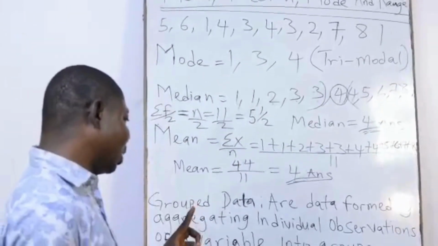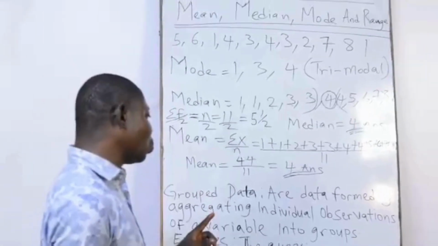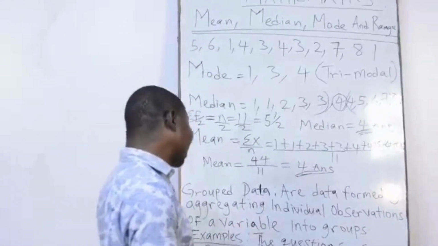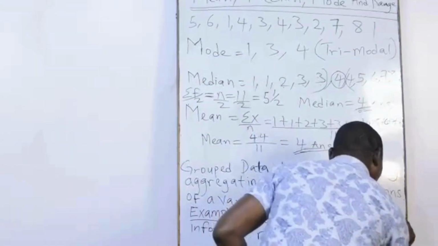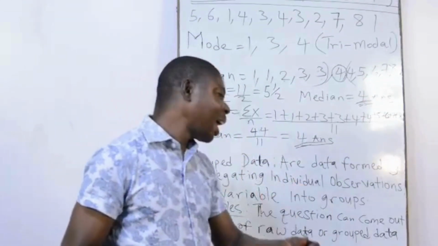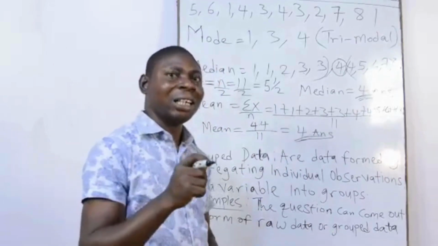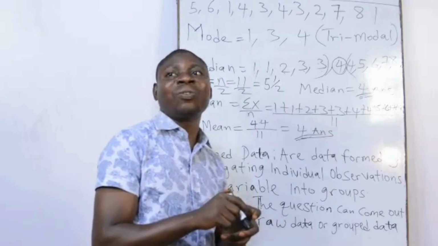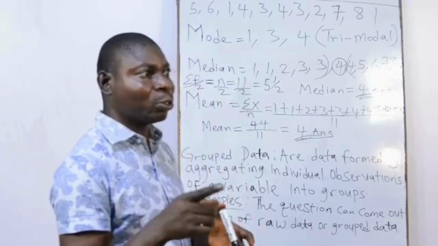Now, listen, I want you to know this. The question can come out in the form of raw data or grouped data. If the question comes out as raw data, you can still use the formula of group data to do it.